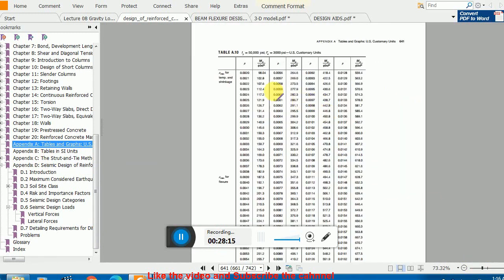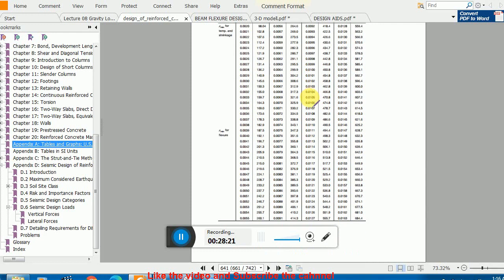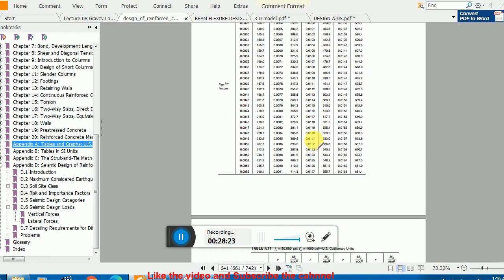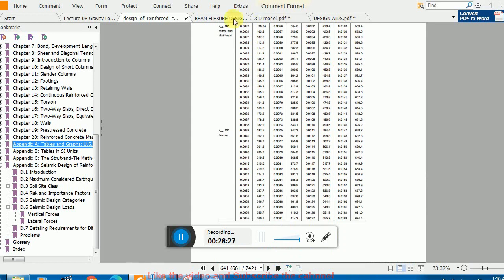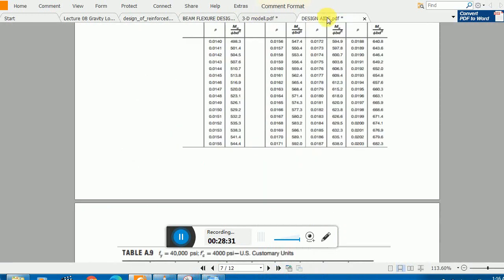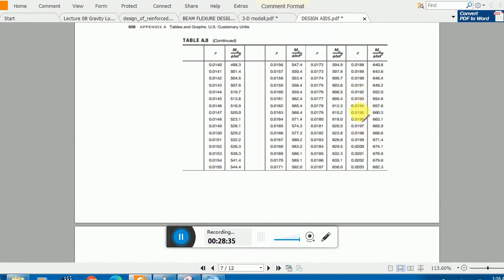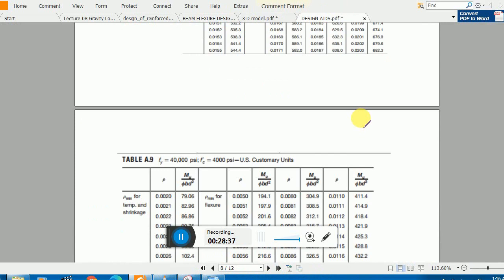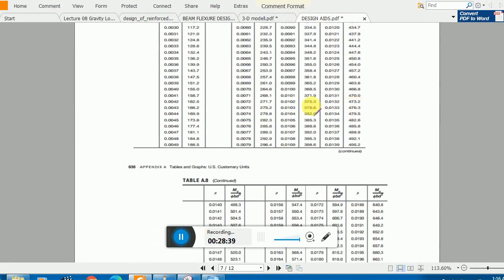Okay, so here we have 50,000, and the value is 0.0, 0.013 I think. Let me check it. 0.0137, roundabout 137. Yeah, in this case this one.